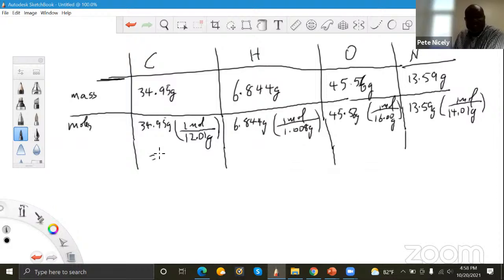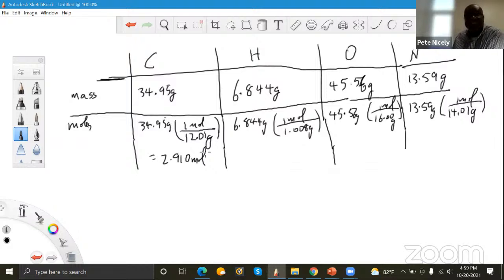So we need to work out each of these. So please check with me to make sure I'm doing the right thing, because I could be making a mistake, all right? So in the case of carbon, it's 34.95 divided by 12.01. So according to my calculations, this works out to be 2.910 moles.